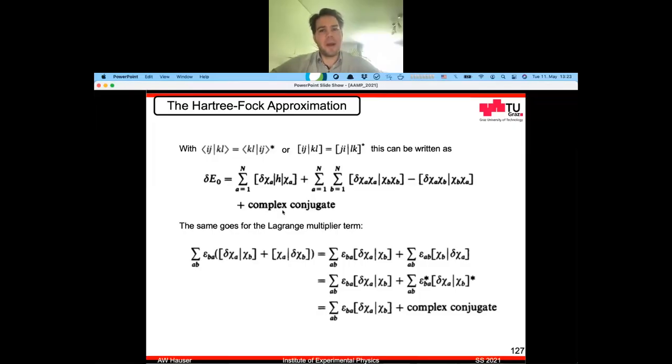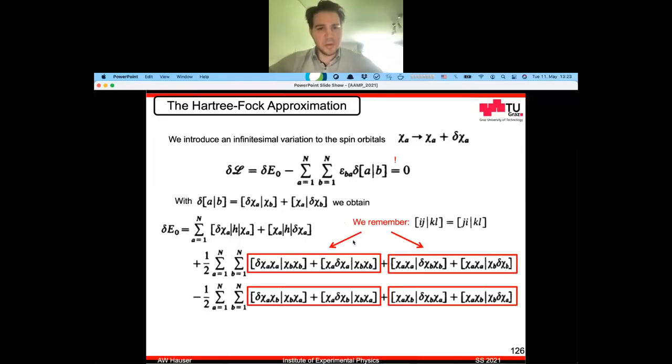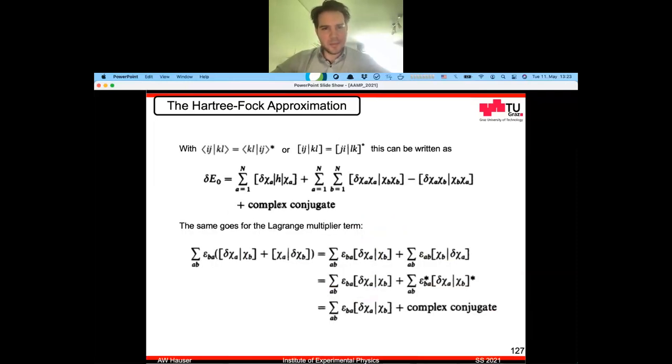So by sorting the terms and realizing that we can rearrange, we see that our variation has this expression and its complex conjugate.